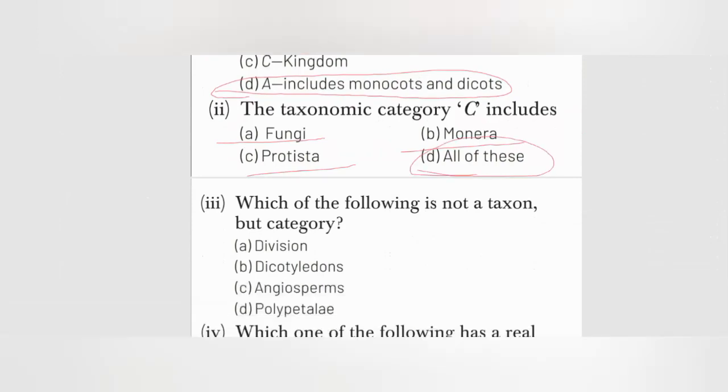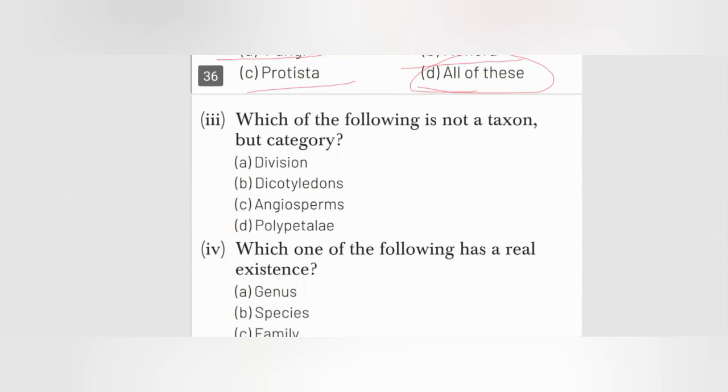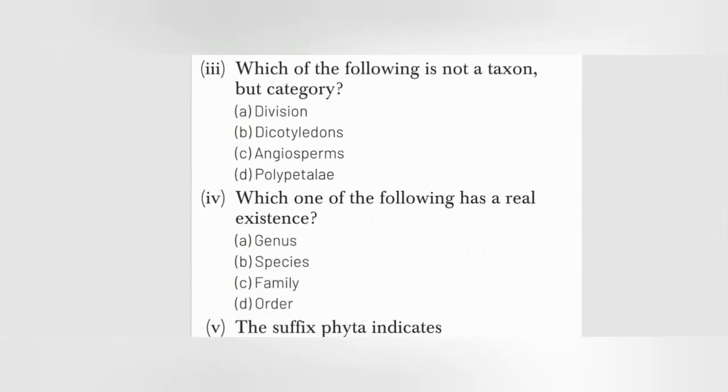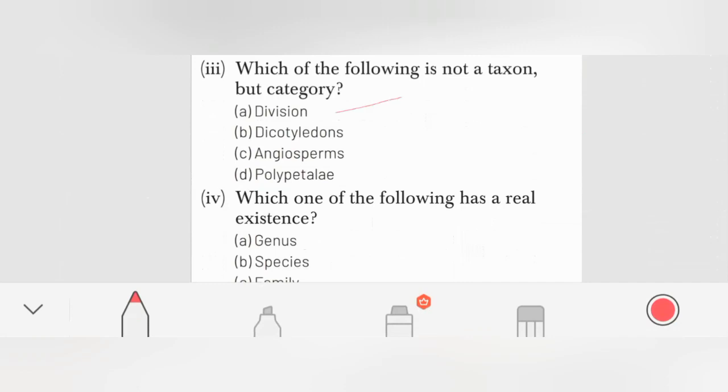Okay. Now which of the following is not a taxon but a category? Options are A, division, B, dicotyledon, C, angiosperm, and D, polypetalae. So what will be the answer?